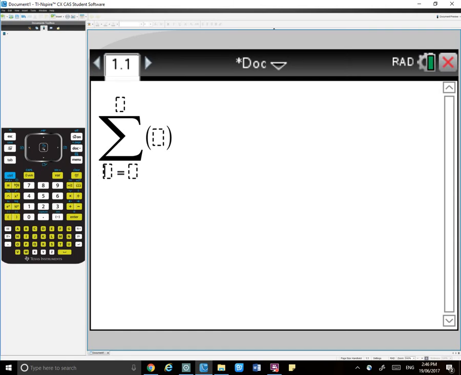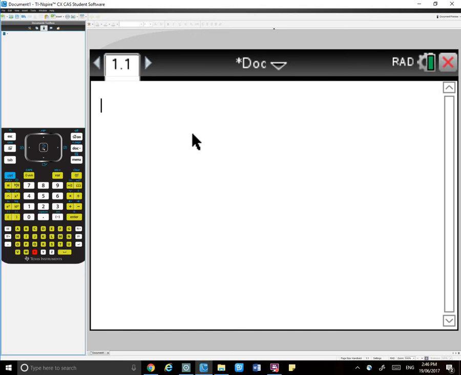Okay, so let's define the f function first. 1 over x. Control VAR f bracket x. Okay, I have defined it.